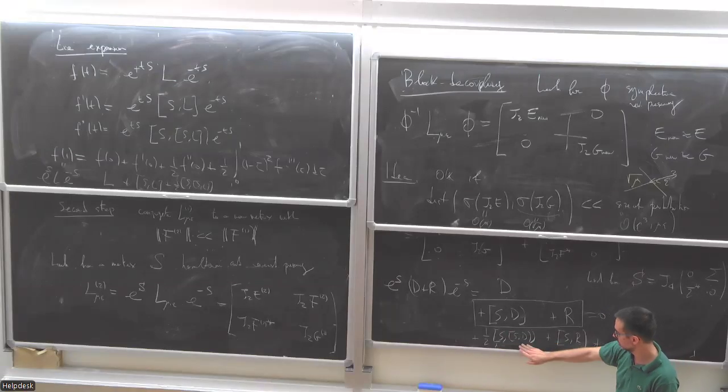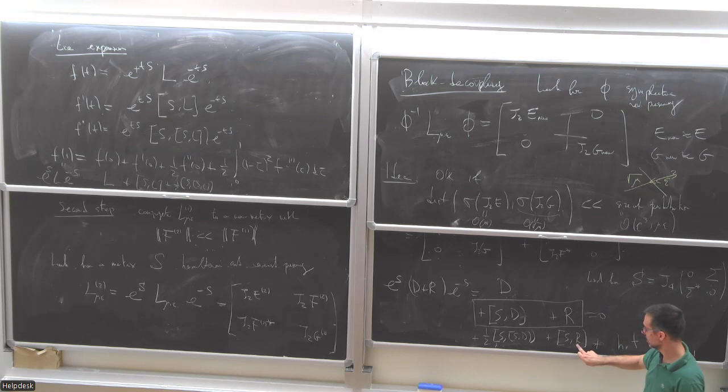The commutator between S and R is smaller than R, and so on. Also the remainder term and the new diagonal part that I generate will be formed by taking commutators with S. S is of small size, so I have reduced the size.